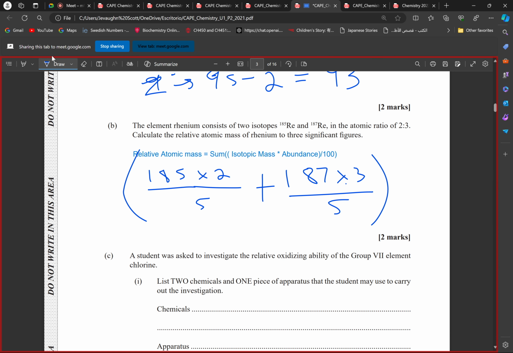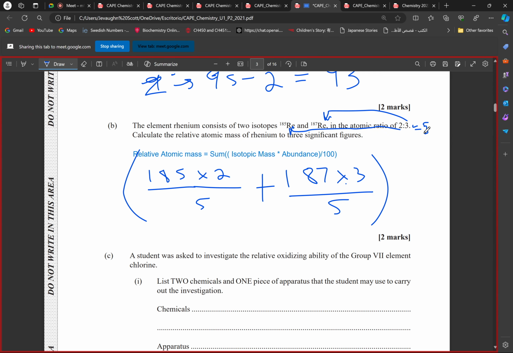What are the values that we're getting? So this 2 applies to this one over here, and the 3 applies to this one over here, and together this equals 5. So we use the 5 to do that.